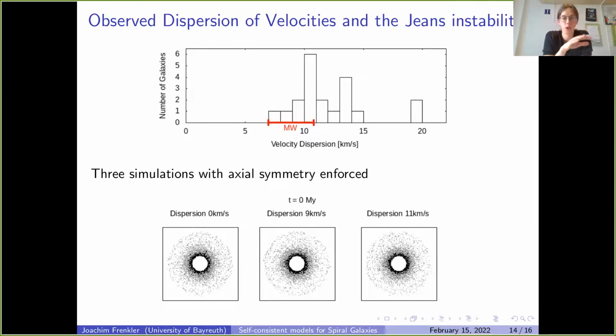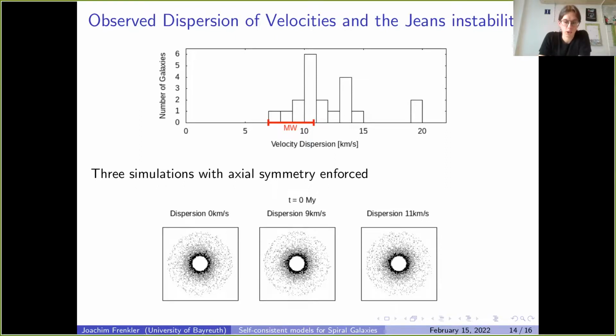On the left, all 3 simulations have a very similar mass model, but the dispersion is different in each simulation. In the left simulation, you have a dispersion of 0 kilometers per second, so everything is on purely circular orbits. In the middle simulation, we have a dispersion of 9 kilometers per second. And in the right model, we have a dispersion of 11 kilometers per second.